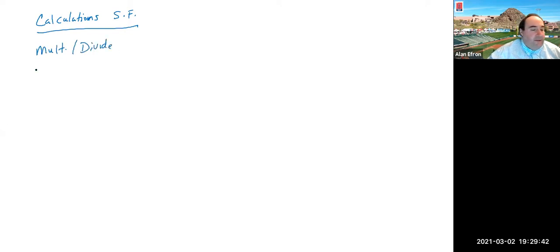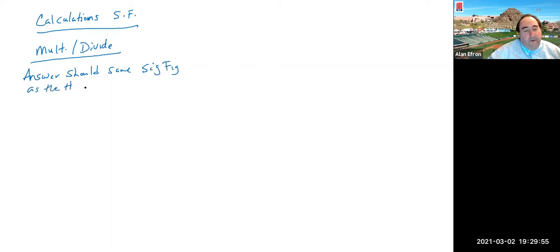So when we multiply and divide, the answer should have the same number of significant figures as the number with the least amount of sig figs.